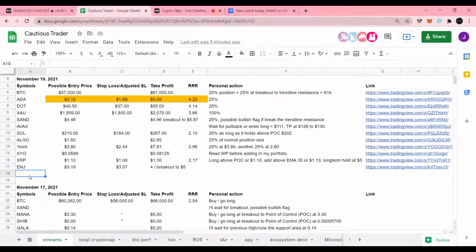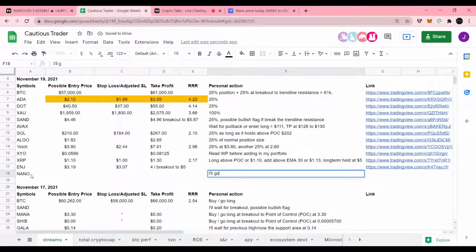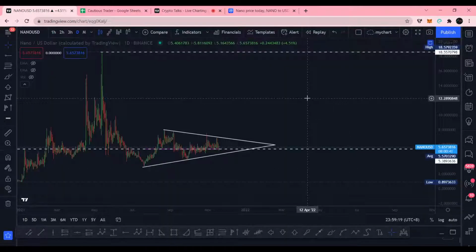So, Nano. Triangle, I'm gonna wait for the breakout on the triangle. Whatever it is, as long as there are three sides, a triangle, right? Because this one might trade within the range.